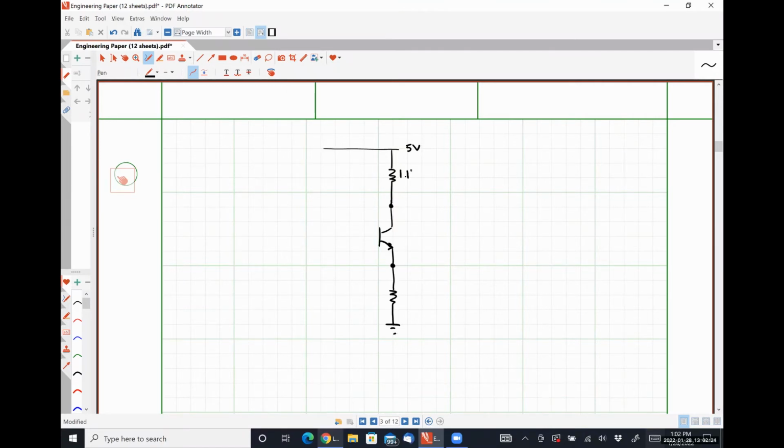Let's say that this is 1.1 kilo ohm. This is 150 ohms. This is our resistor R1, 67K. This is our resistor R2, 33K, right?